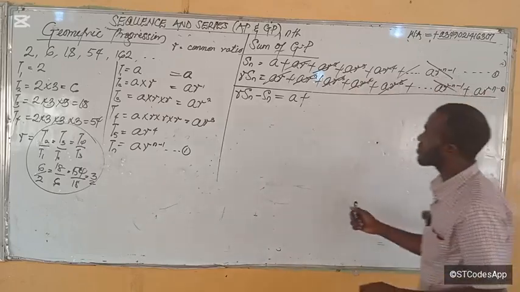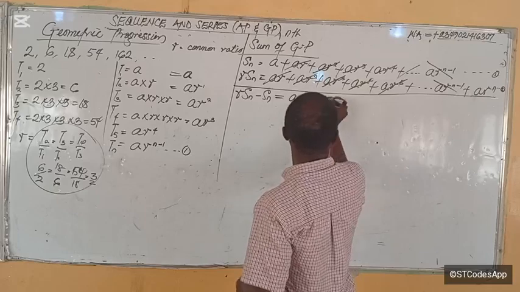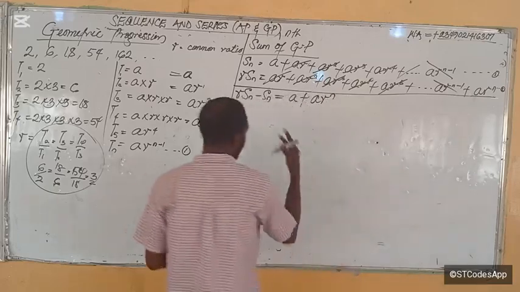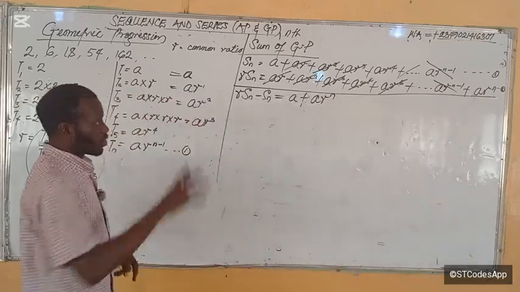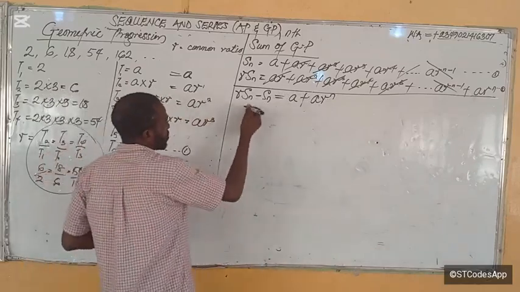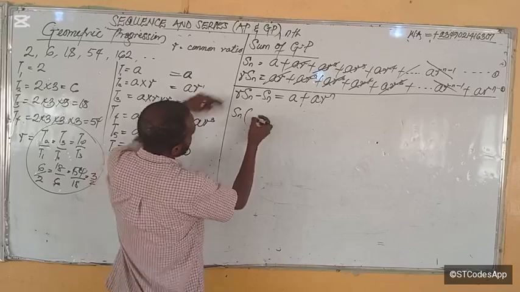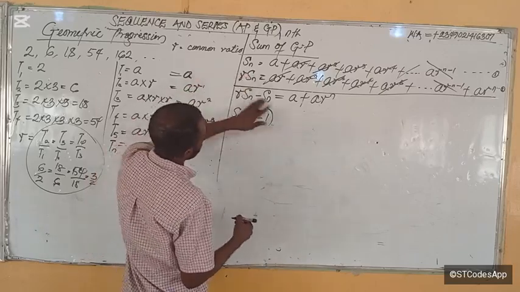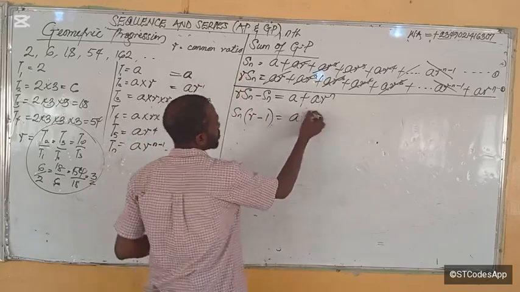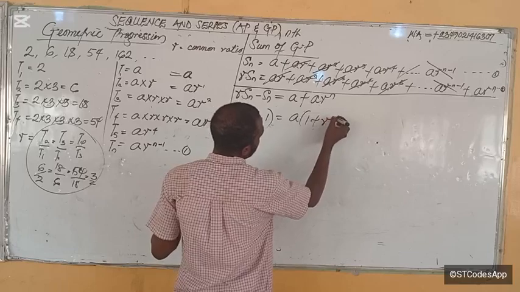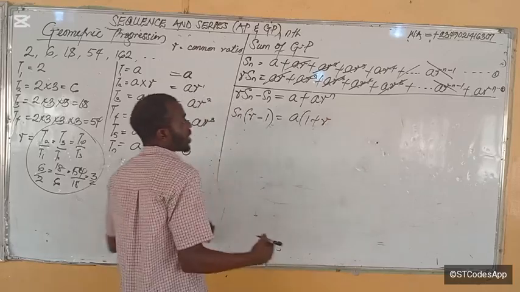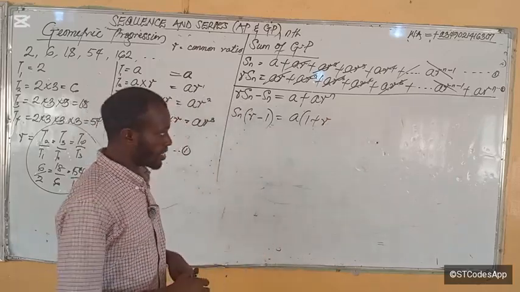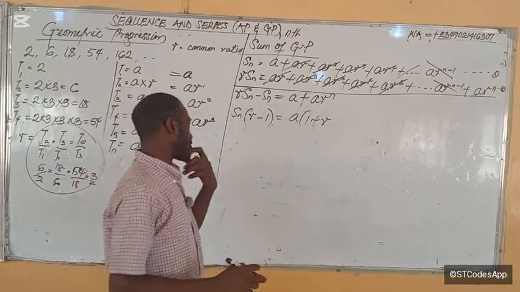So AR raised to power n, okay? I would have shown you the trick here too, but just understand what I'm explaining. So S sub n is common between R minus 1, right? If you open this bracket, you get this back, right? Is equal to A is common between 1 plus R. No, I'm sorry. We are doing minus, right? I wanted to show you this, I'm sorry.